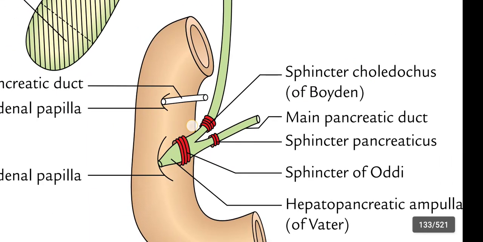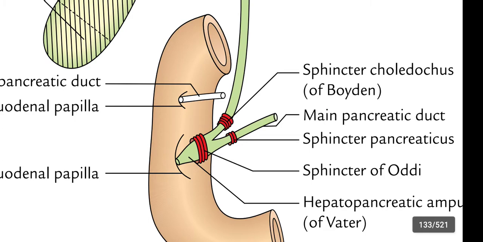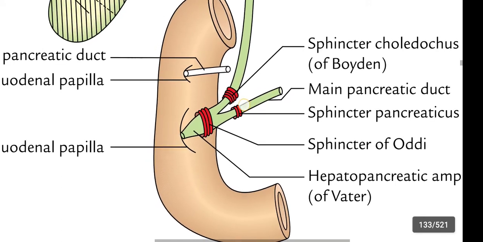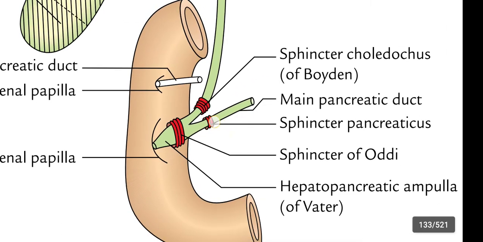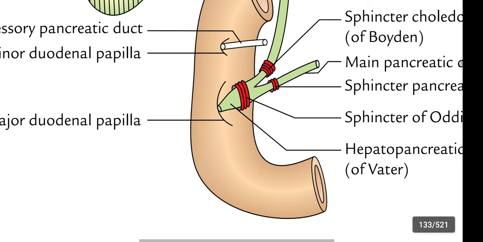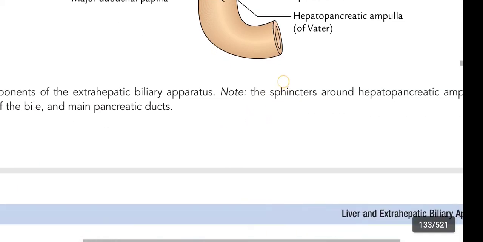And if you remember it as bile duct, it is the sphincter of Boyden. This is the main pancreatic duct and this is the sphincter of the pancreatic duct, the sphincter pancreaticus. Next, this is the sphincter of the ampulla, the hepatopancreatic ampulla, the ampulla of Vater, that is the sphincter of Oddi or sphincter ampulla. Okay guys, these are the three sphincters that we learn now.